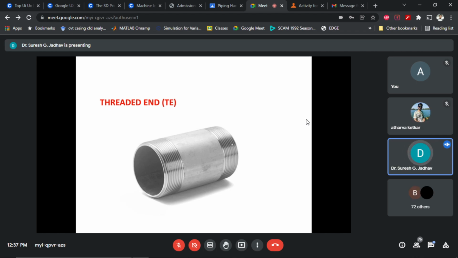Improper assembly or disassembly may lead to seizing or galling. So that kind of disadvantage arises when we use threaded ends.